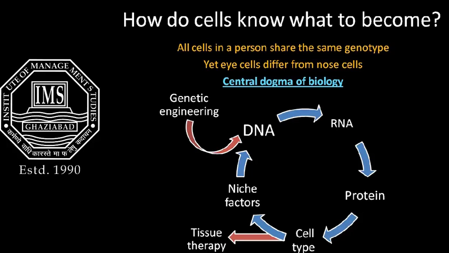So, how do stem cells know what to become? All cells in a person share the same genetic code, or genotype, given that their DNA sequences are the same. Why are your eye cells different from your nose cells? If you cut your hand, how do the cells know how to make more hand cells, not eye cells?